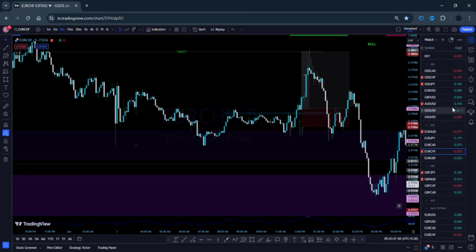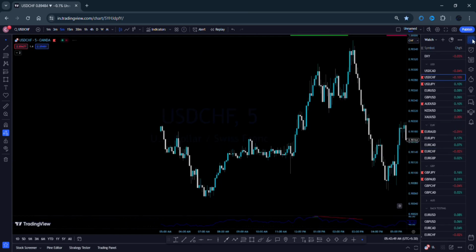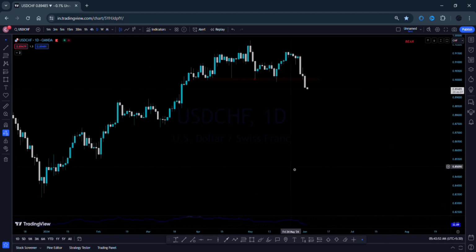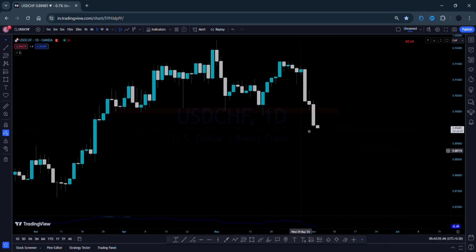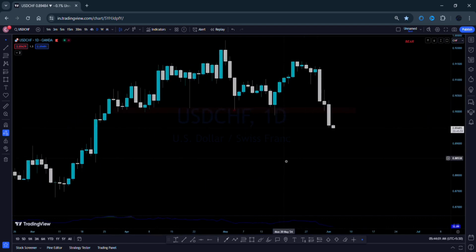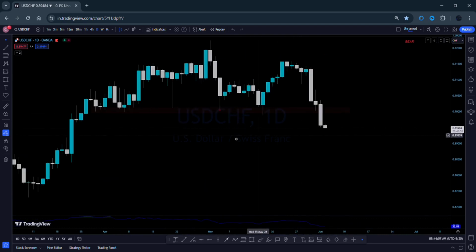And the next trade I took on USD CHF, obviously on a bearish side, right? But the only concern I had was that price is currently at a daily support level. But how many times has it tested? 1, 2, 3, 4, 5.